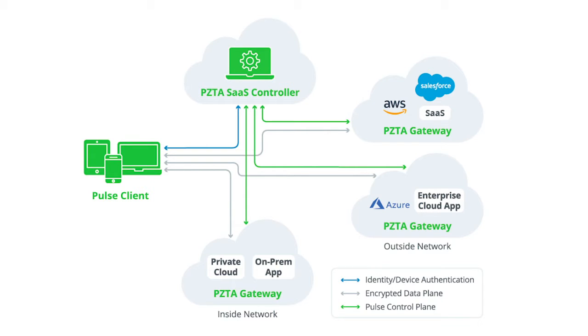So no longer trusting users that are inside the network or outside the network, but essentially verifying for every connection both the user and their identity, verifying the device, verifying the security posture of the device, and taking all those attributes and determining whether or not a user with their device can access certain resources. So that is why it's called Pulse Zero Trust Access, because we're literally applying the zero trust model, but we're delivering it as a secure access service, or SaaS.